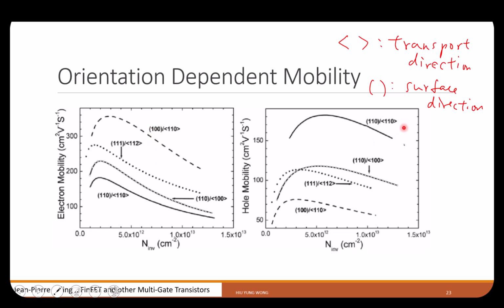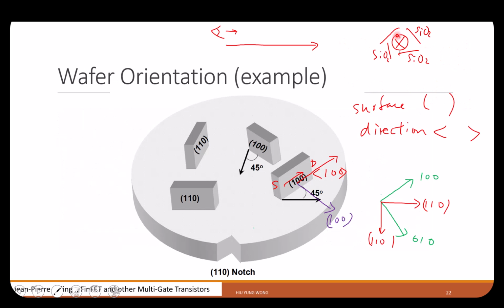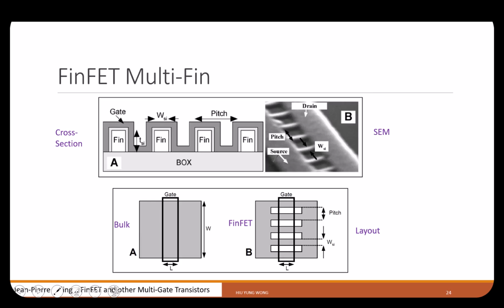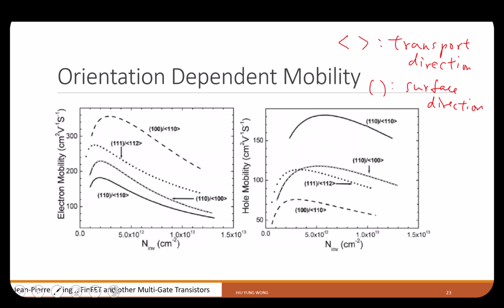Hole is the fastest in the 1, 1, 0 direction, but on the 1, 1, 0 surface. Okay, the analogy is that you are the fastest transporting into the screen, but for electron, maybe your interface needs to be built in this way, and for hole, you may need to build in this way. Okay, because of time, I will just stop here. Let me know if you have any questions.